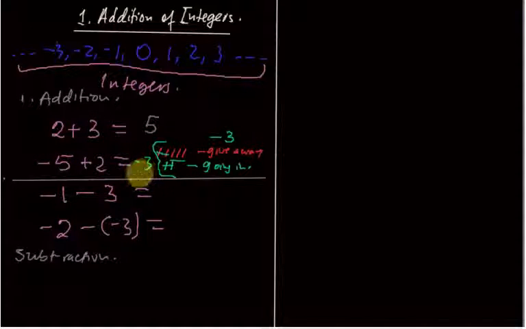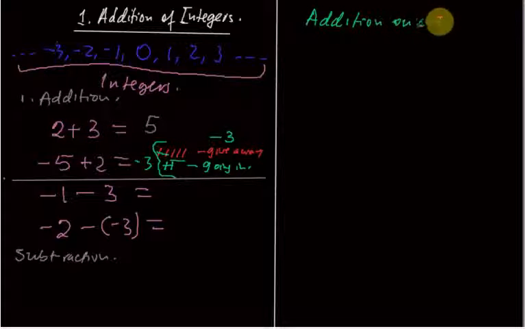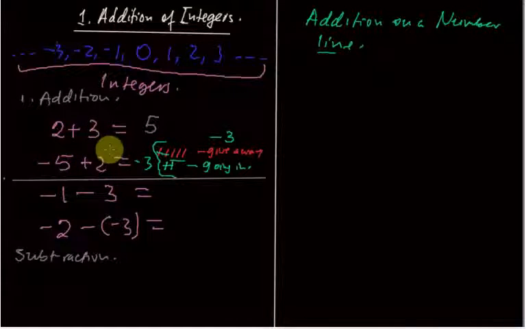So this is it. Now I want to go ahead and present these things on a number line. Addition on a number line. Now we are going to take the same questions, 2 plus 3, on a number line. So I'm going to draw my number line.